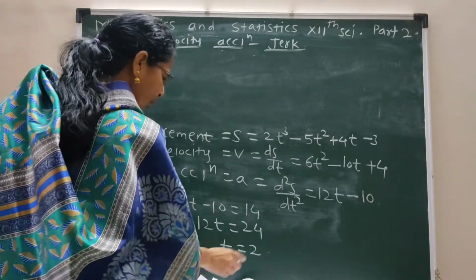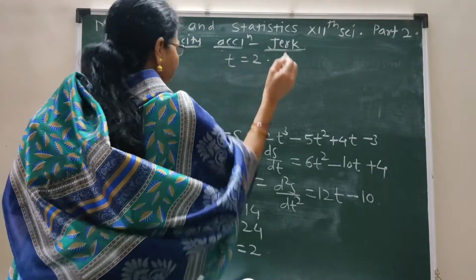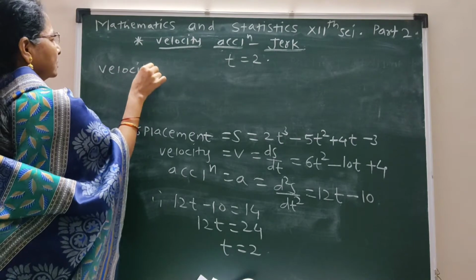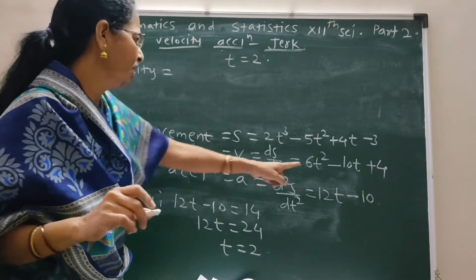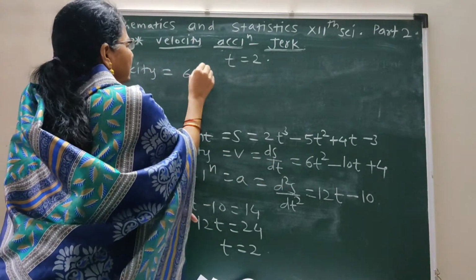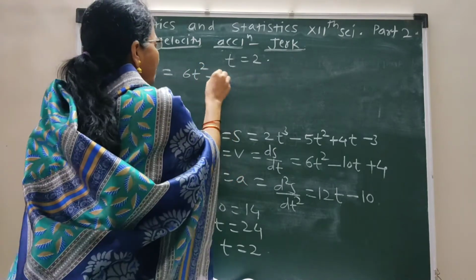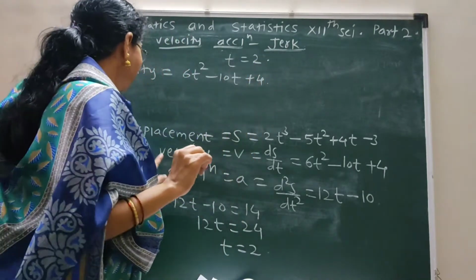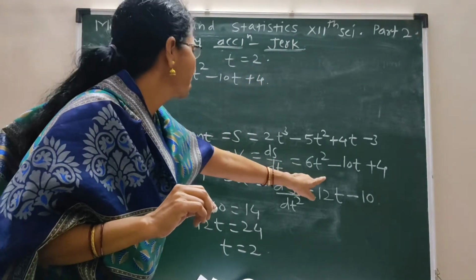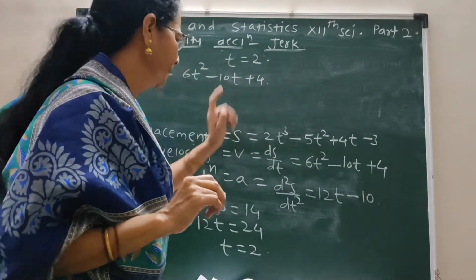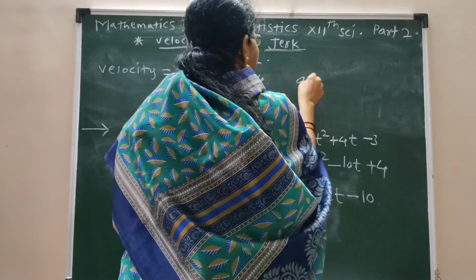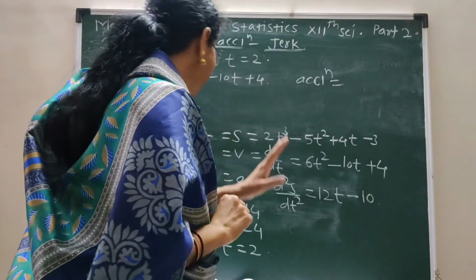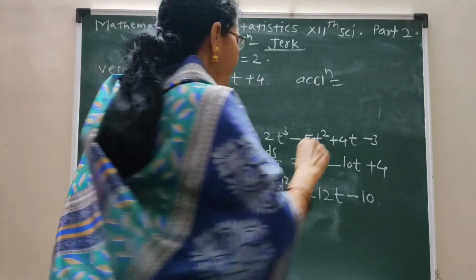And next is to find velocity and displacement at that time. At time t equal to 2, velocity is the statement 6t square minus 10t plus 4. Acceleration is equal to 12t minus 10.